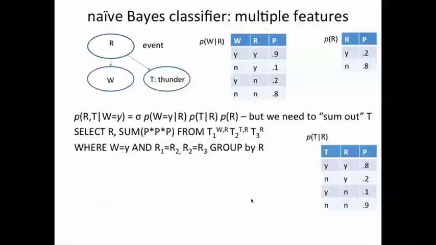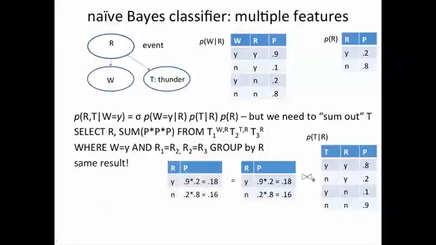Now, you can verify that you could do this by first joining T1 and T3, that is this table and this table, that is the P of W given R and P of R, just like we did earlier, and then joining the result of that with the T given R table. So we're just going to take the result we had earlier and join it with this new table.